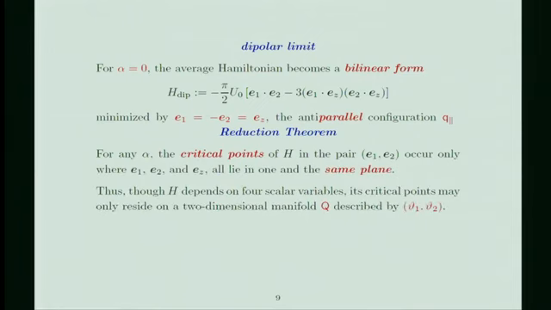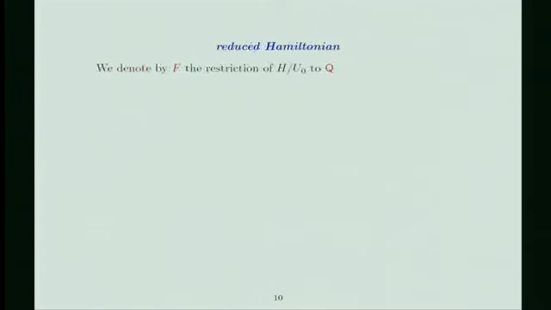So, though in general this would depend on 4 scalar parameters, 2 for each of the spins, the critical manifold is characterized only by 2 parameters. So we know that the critical points of the Hamiltonian must be represented in this way. So there is a single plane, which I call EXEZ, containing the normal, such that at equilibrium, which means at 0 temperature equilibrium, the ground states of the Hamiltonian are achieved.